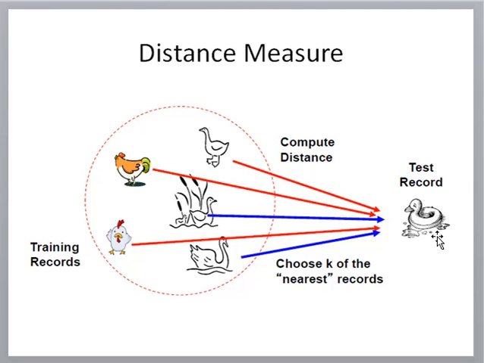We need to choose a value of k, and that value of k decides the nearest neighbors of this unknown instance. We can treat all these nearest neighbors as the training records, and we compute the distance of each training record to the unknown object.